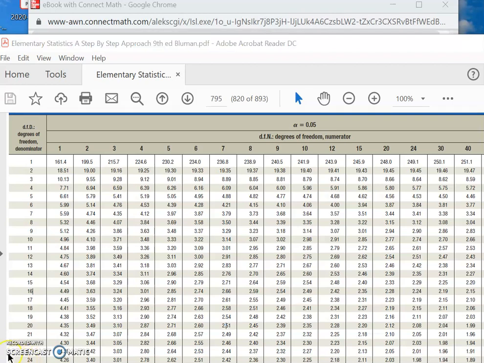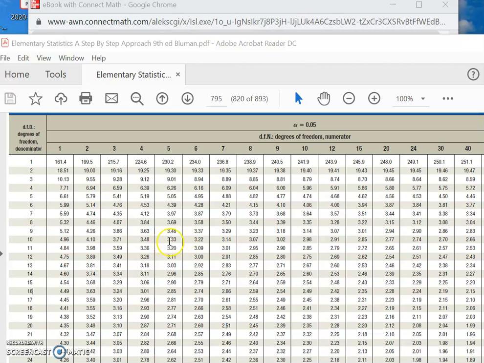So on this particular one, the premise was that alpha was 0.05. The degree of freedom of the numerator, DFN, was 5. The degree of freedom of the denominator was 10. So we wanted 5 and 10 right there, 3.33.